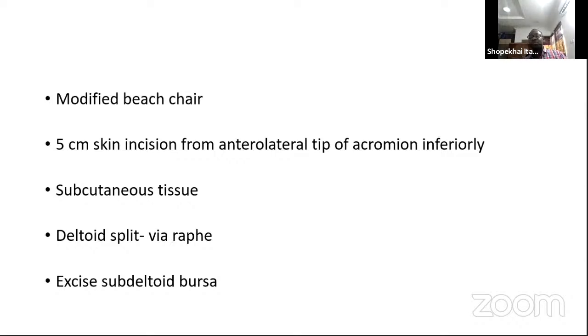And one is to look for the raphe, which gives you a bloodless area between the anterior part and the lateral part of the deltoid, and then split. Once this is split, what you will find is the subdeltoid bursa, as well as the proximal humeral bone. And what you then need to do is to address the indication for which the surgery was carried out.